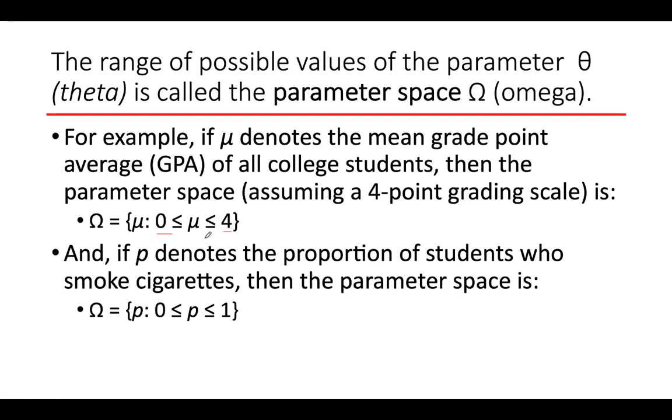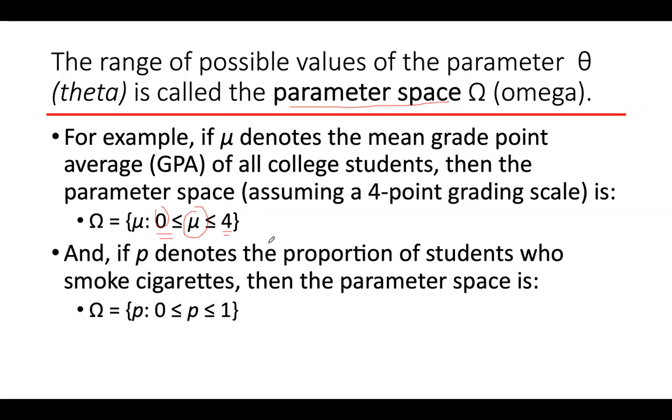If we are using the American system, it is between 0 and 4. So I would know that my mean will be between 0 and 4. This is called the parameter space, okay? I know that my parameter, my mu, my mean GPA, cannot be 5 or 6 or 10 or -5, okay? So this is something we know beforehand.